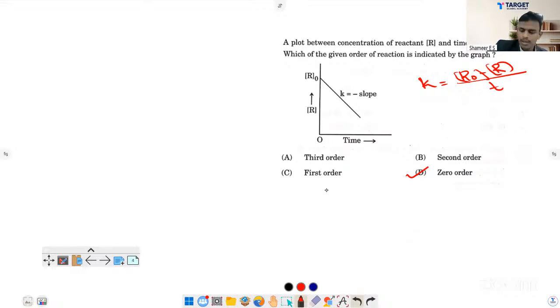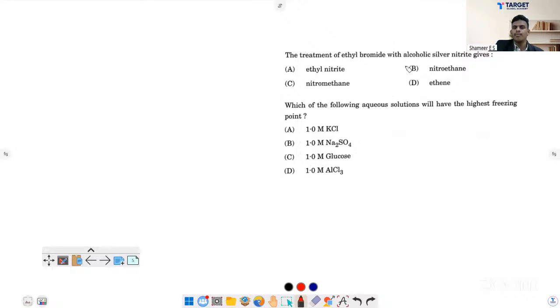Easy. Next. The treatment of ethyl bromide with alcoholic silver nitrate. What is the reaction? Ethyl bromide, C2H5Br, plus silver nitrate. What will happen? Nitrite is an ambident ligand.